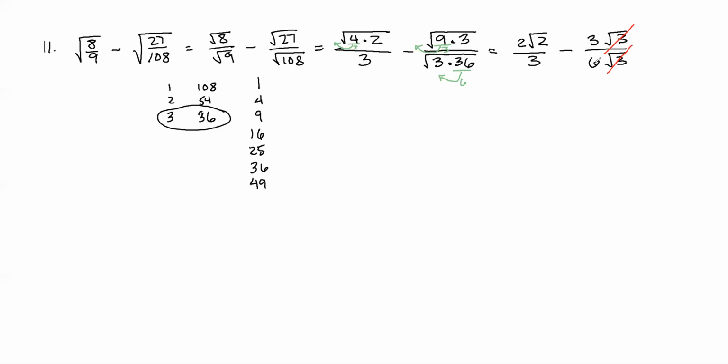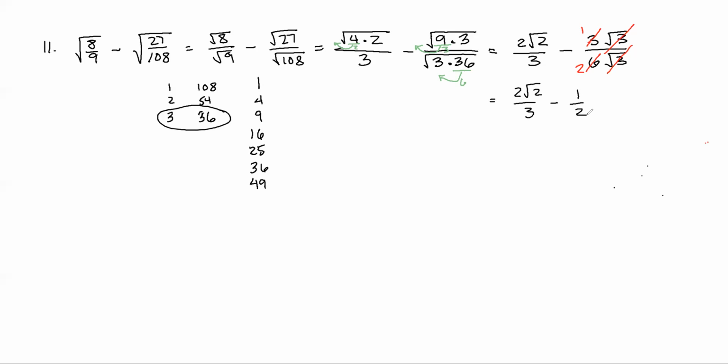One thing I will point out, though, because our goal is to add these two fractions together, or in this case, subtract. If I reduce this down, this is going to become a 1 and a 2. Now I'll go ahead and do it, and then I'll tell you why you shouldn't. So our first fraction is going to stay the same, and then our second fraction becomes just a 1 over 2.